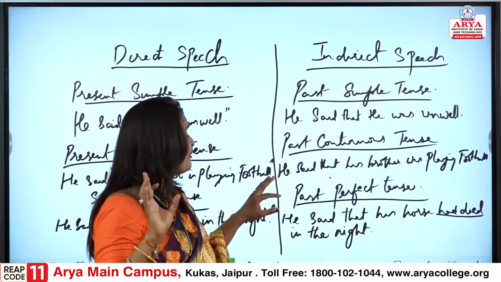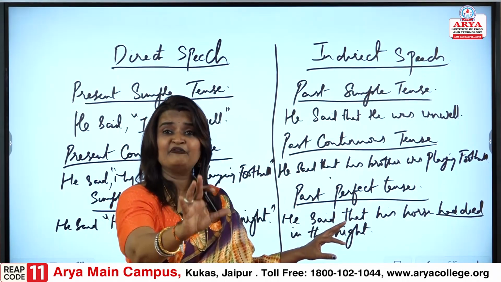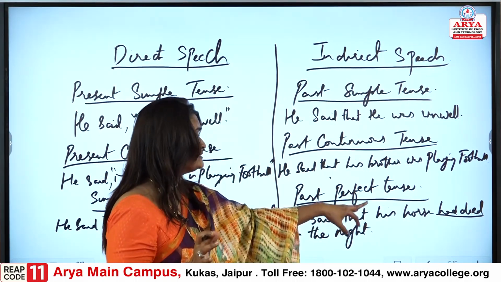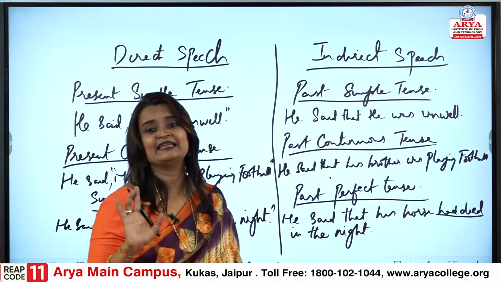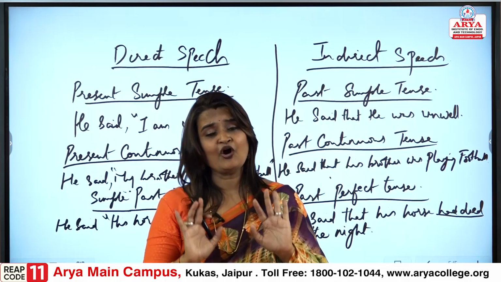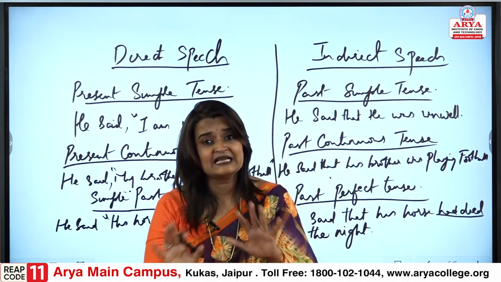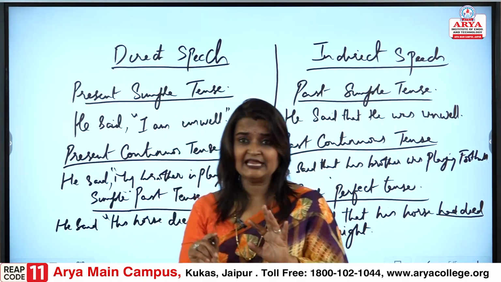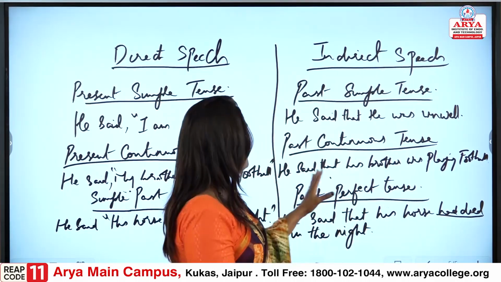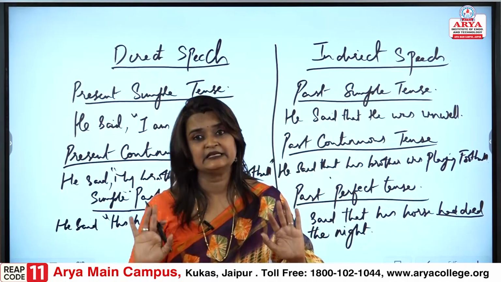So, it is perfect, confirmed, perfect, dead. His horse had died in the night. So, last night everything is completed. The horse had died. So, this is the simple past tense, and now it is past perfect, it is all done.